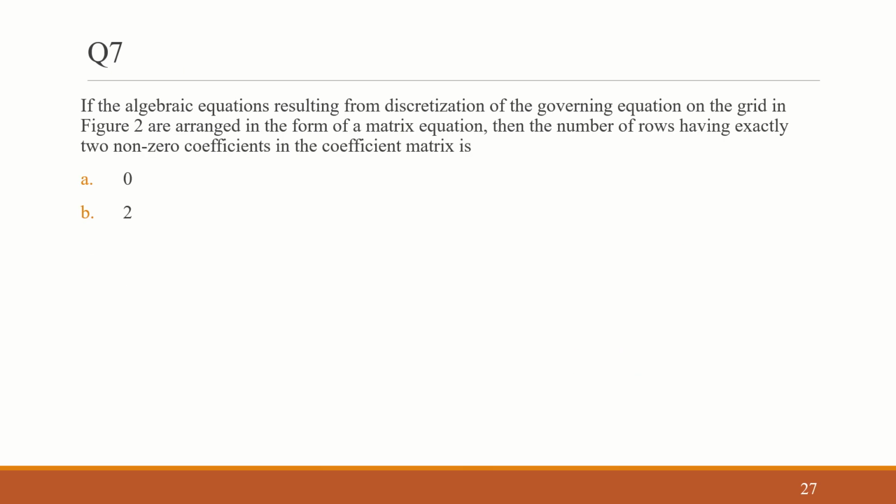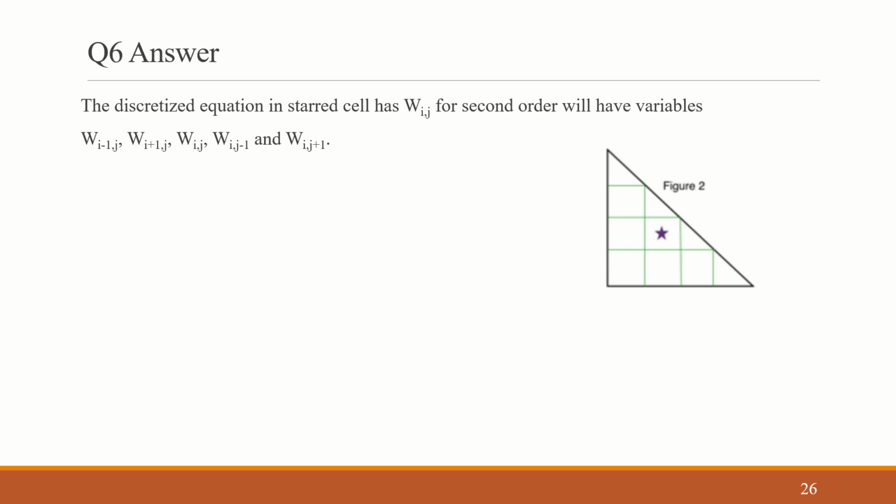So in that case, we go back and look at the question. How many cells have only one side that they are sharing with the neighboring cells, with all the rest of the sides being walls?